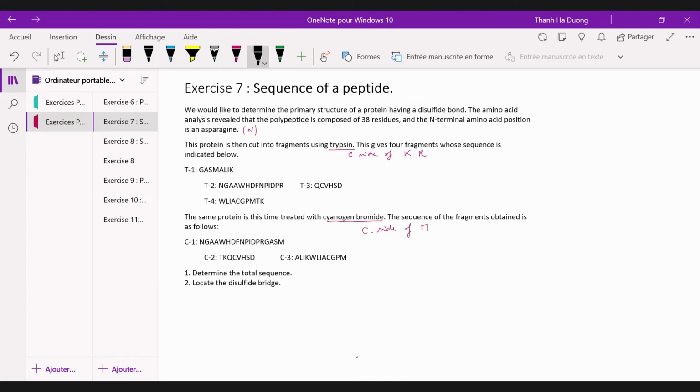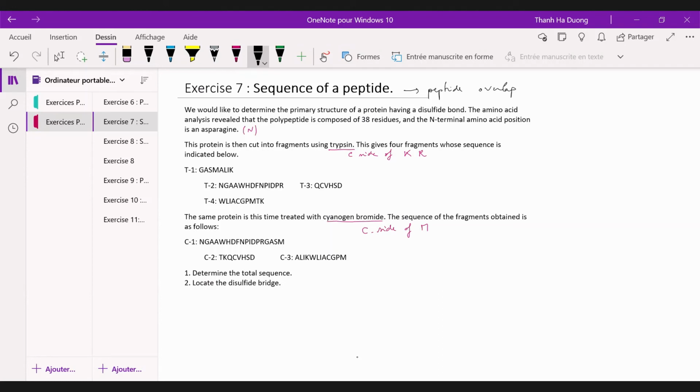Okay, so in this exercise, we did peptide overlap. So from the first experiment, we obtained 4 peptide fragments, T1, T2, T3, T4, right?